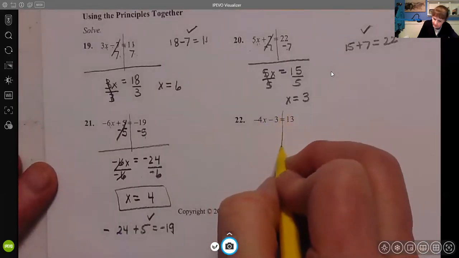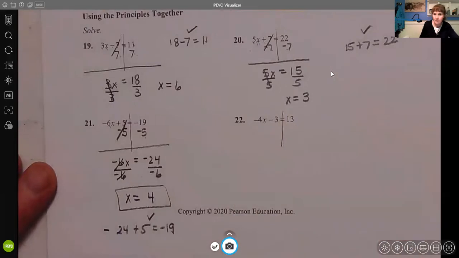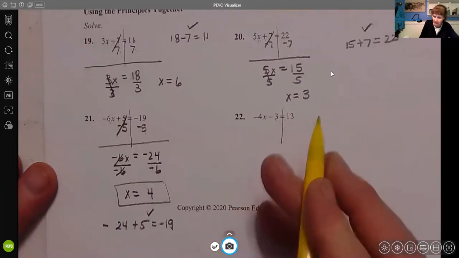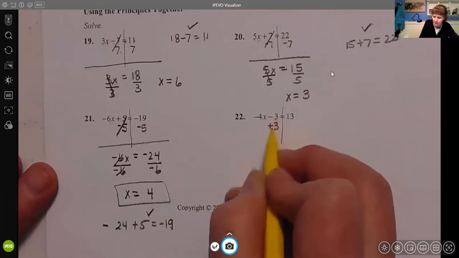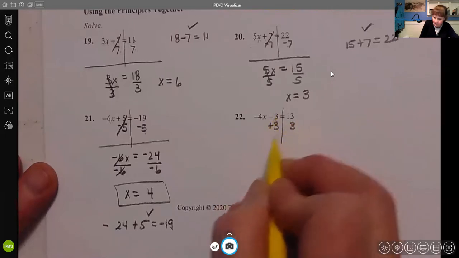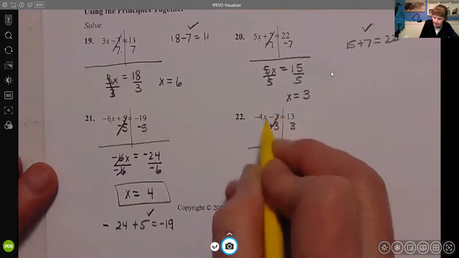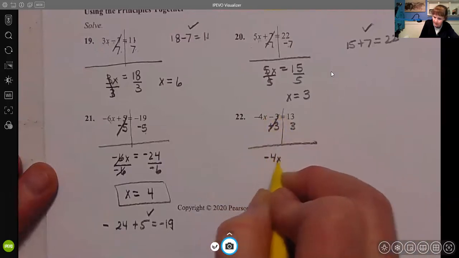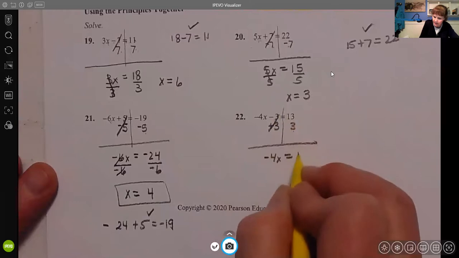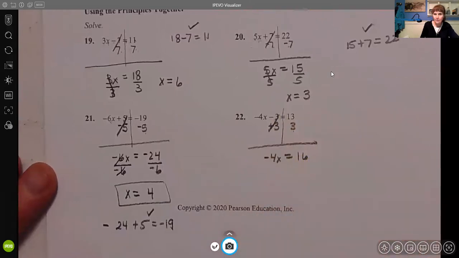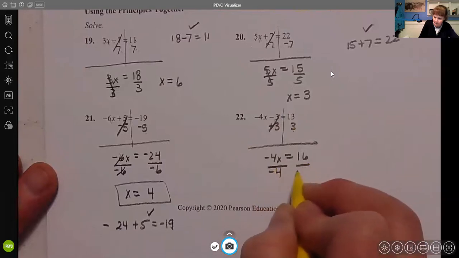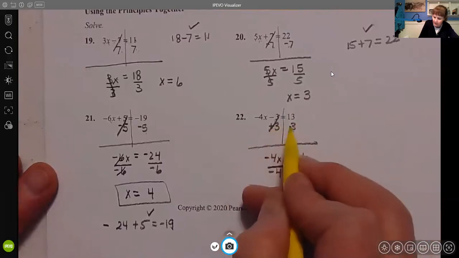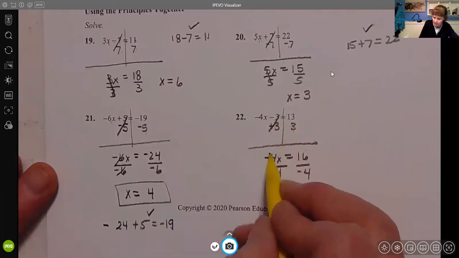All right, here, let's do this one right here. Here's my left side and the right side of the equal sign. So I'm going to get rid of the -3 by adding a +3. You get rid of what's being added or subtracted first. -4x equals 16. 13 and 3 is 16. Divide by a -4. It's always add the opposite, but you divide, you match them.